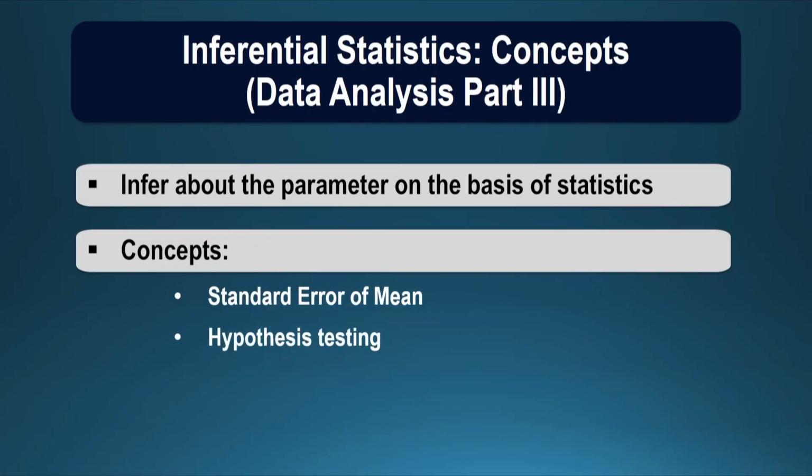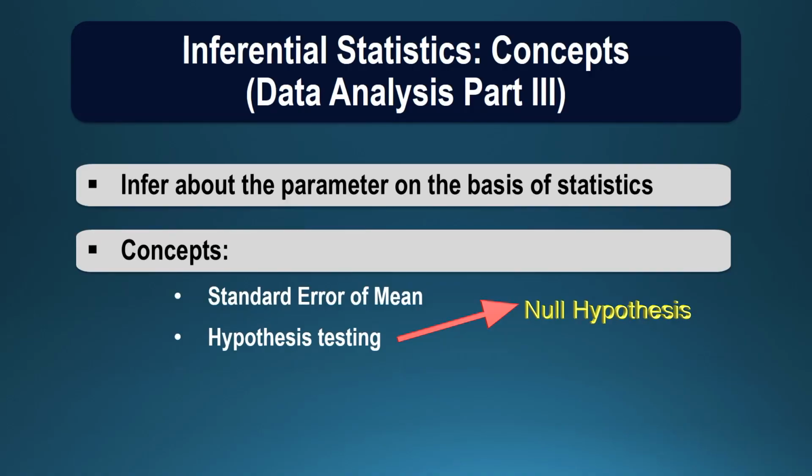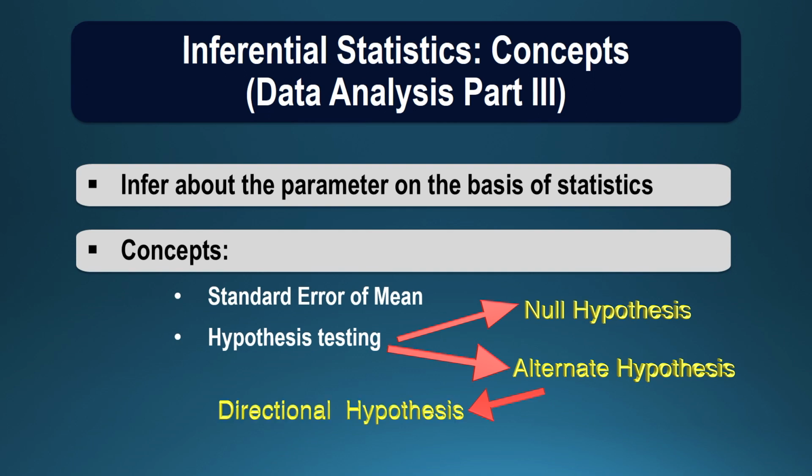The second concept is hypothesis testing. The researcher tries to formulate hypotheses, and these hypotheses can be null hypothesis or alternate hypothesis, and under the alternate hypothesis it can be directional hypothesis or non-directional hypothesis.